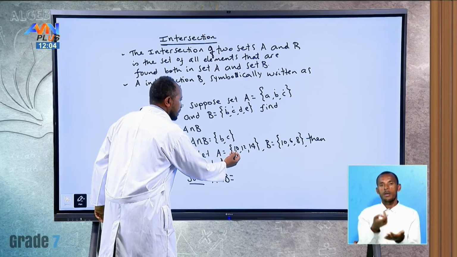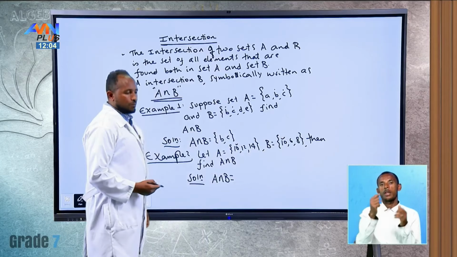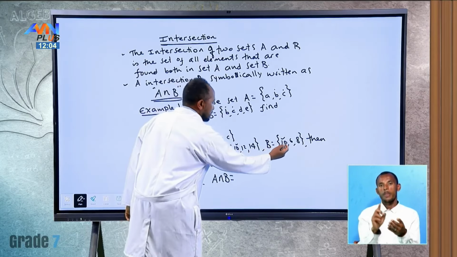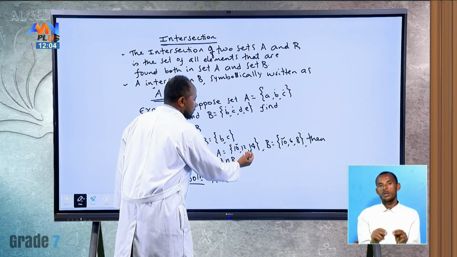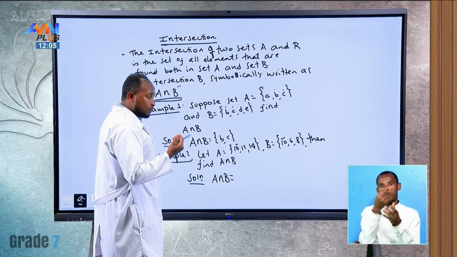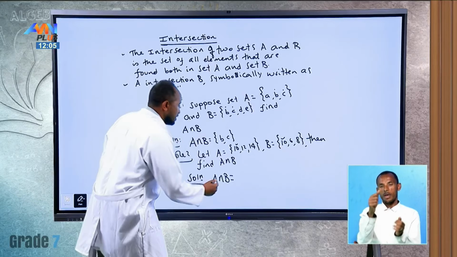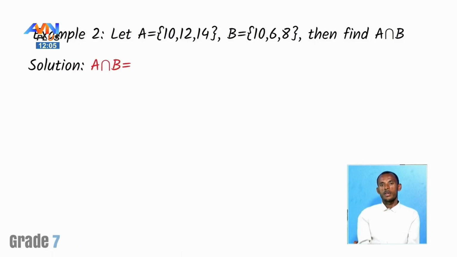Here, 10, there is 10 there. So 10 is a common element for both. Is 12 common? It's not. Is 14 common for both? It's not. Therefore, it has only one common element, that's 10. Therefore, A intersection B is only 10. This will be the answer.